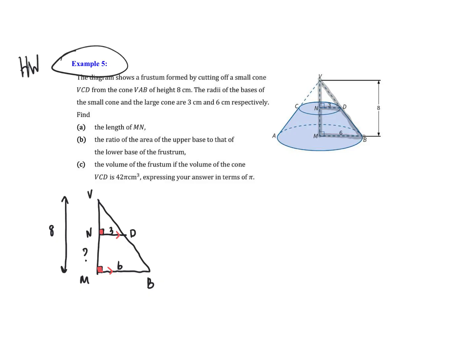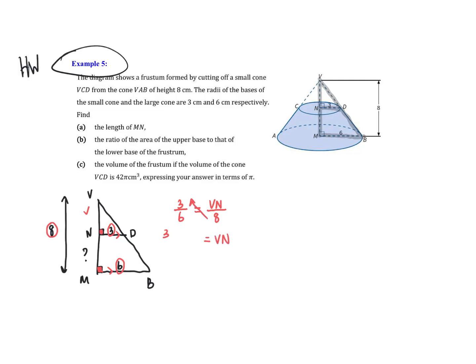So in order to find MN, I'm going to use my ratio to help me. So 3:6 should be equal to VN is to 8. Okay, VN is to 8. So you cross multiply your 8.